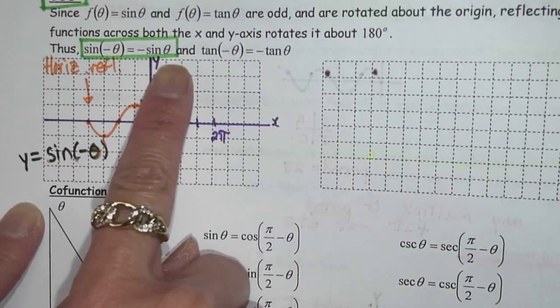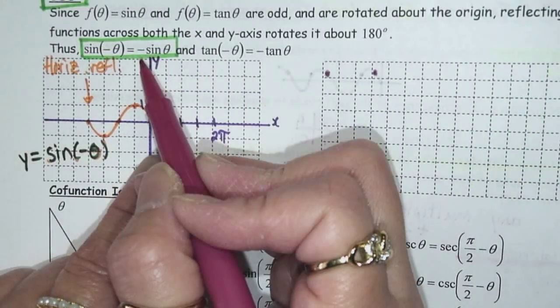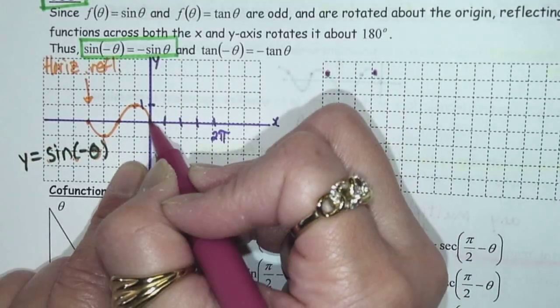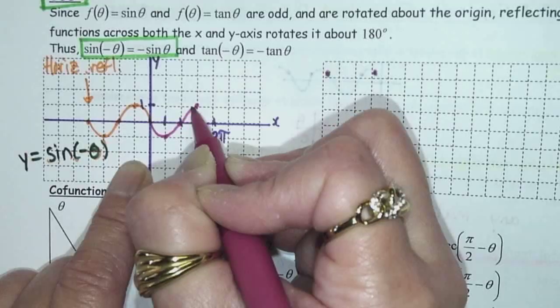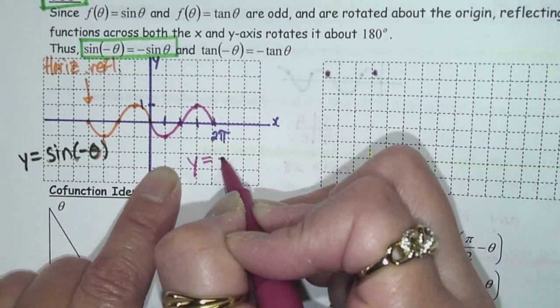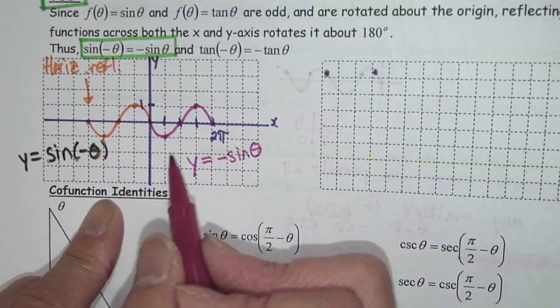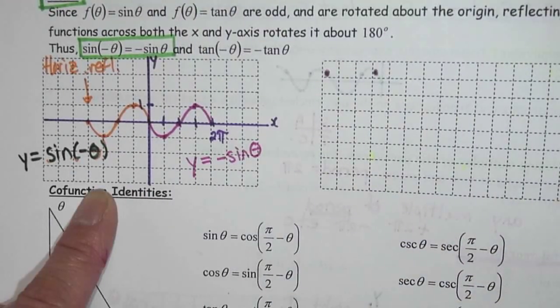Then for this one, I'm going to draw on this right side. I'll do this one in pink. It's a vertical reflection. So we know that the graph normally goes up and down. I'm going to have it facing down and up. So this is y equals negative sine of theta on that side. Are they the same? Yes, so that's why they're saying, hey, they're equivalent.